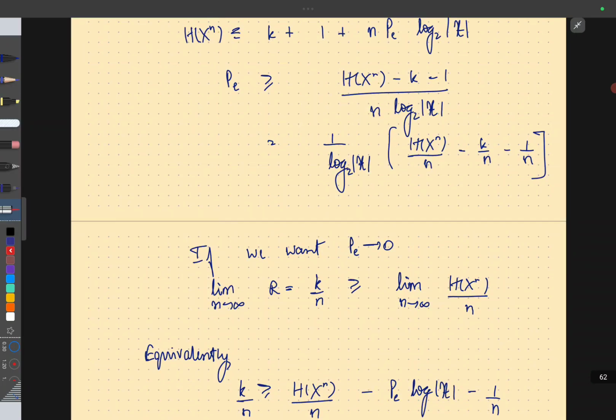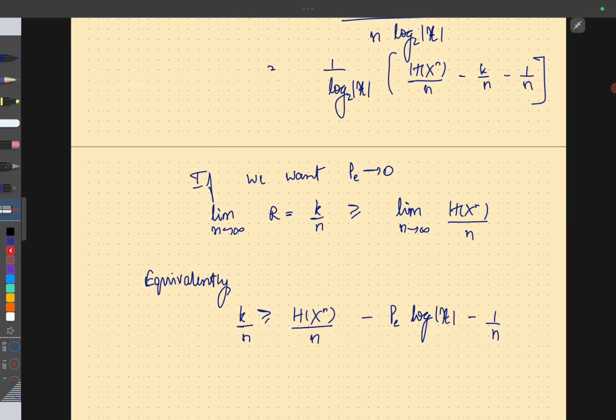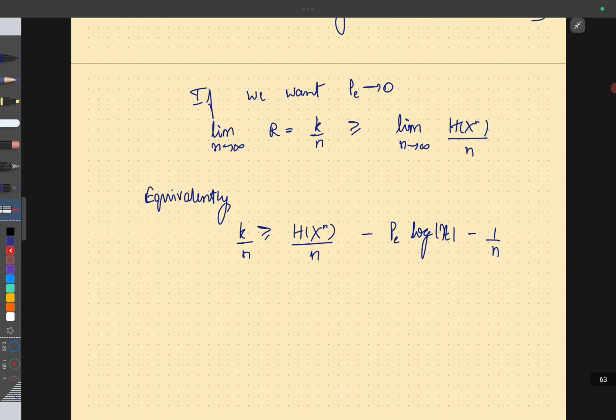So firstly, it need not be little o of n, because your k could be far away from the entropy. K could be much larger than the entropy. That will still potentially give you a vanishing probability of error. That will give you a low compression. It will give you a high compression rate, which is not desired.